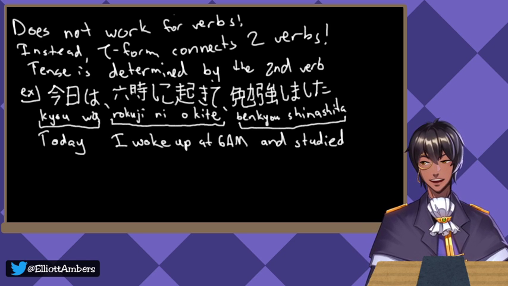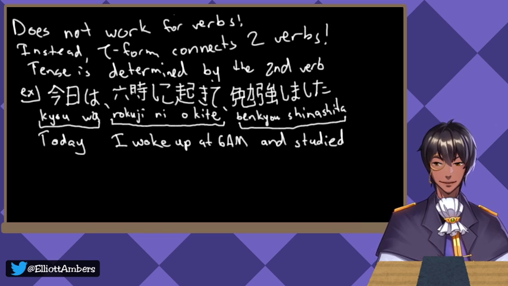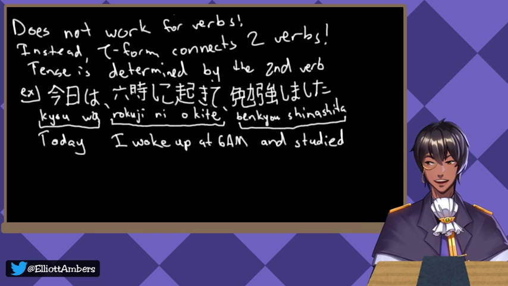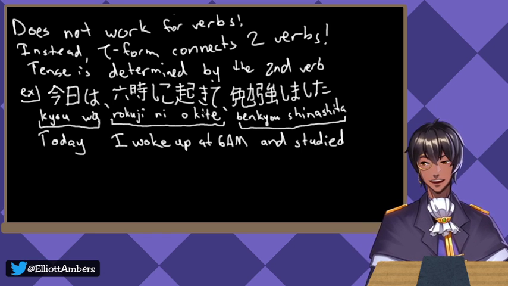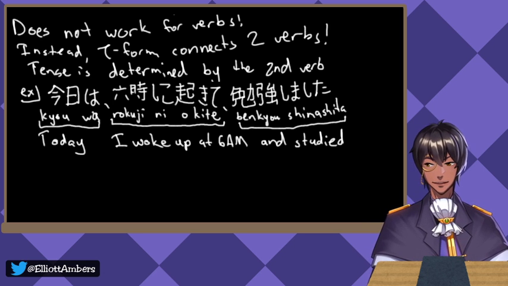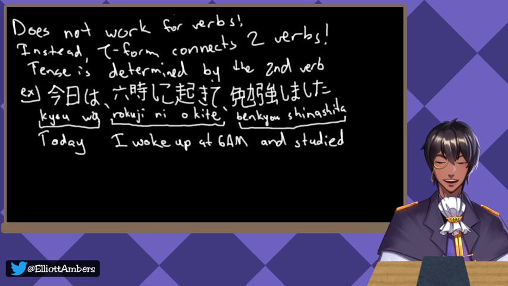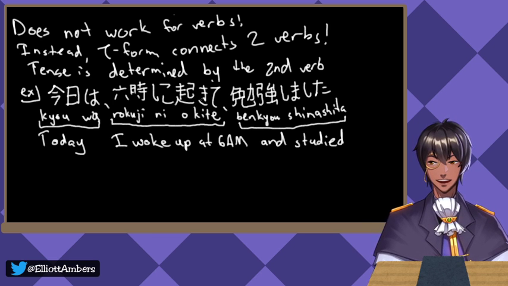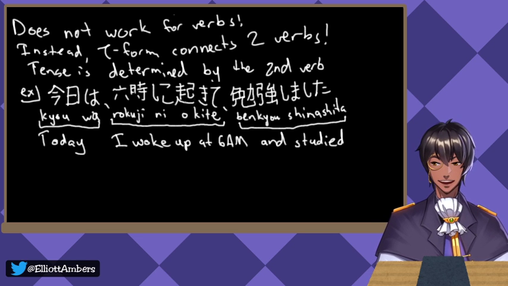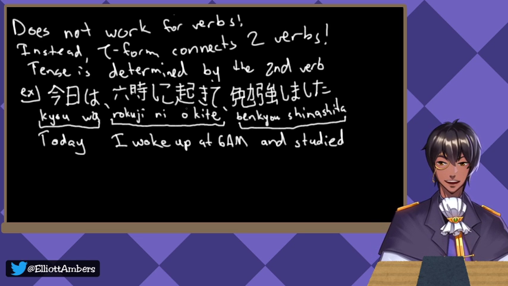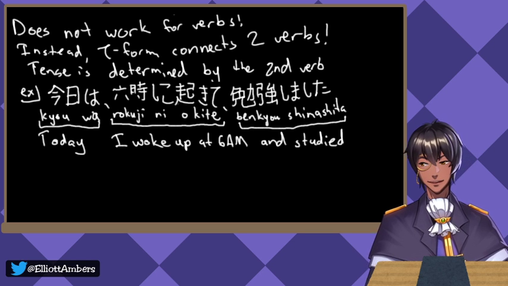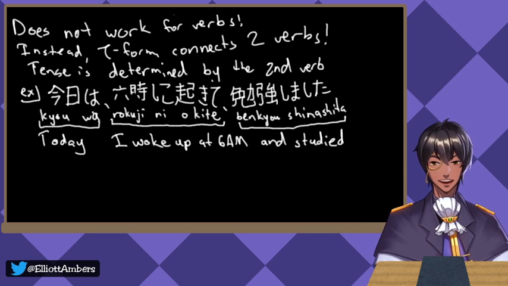So in order to use both of them in the same sentence, the first of these verbs is conjugated with the te form as a connector, similar to how we use to, 英語と日本語, that to connects two nouns. The te form is important because it can connect two verbs or multiple verbs. So 6時に起きて, 起きる being to wake up, 起きて勉強しました.